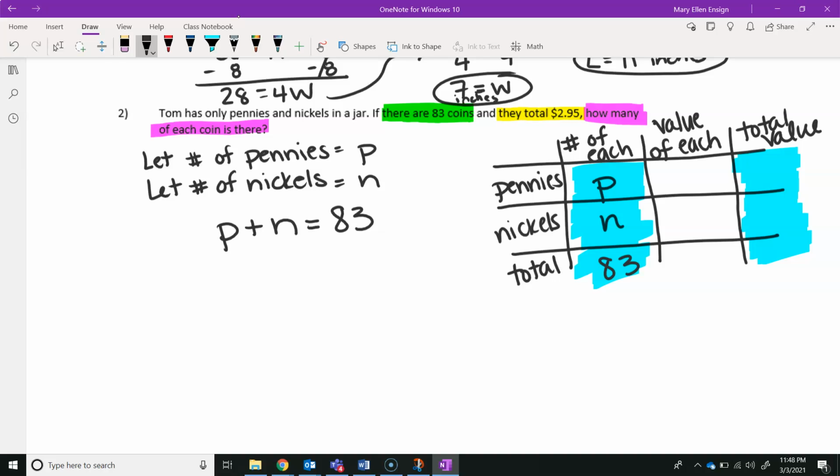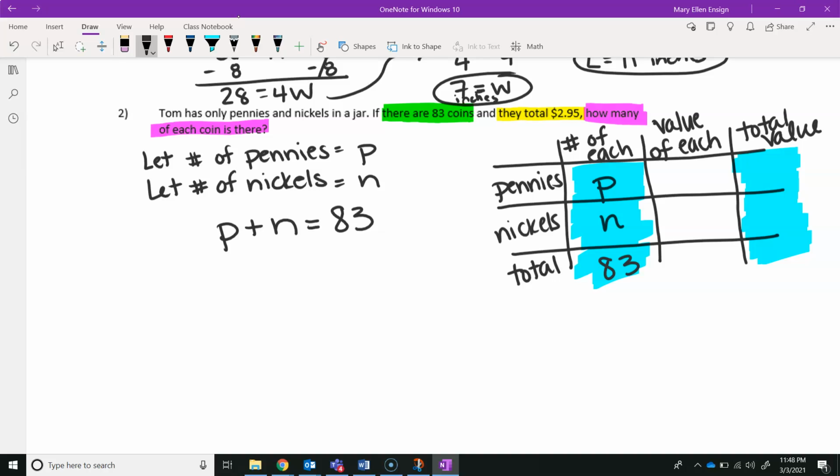Okay, now let's look at the chart for a minute. Let's look at the value of each column. So value of a penny. Well, now we're talking about moving toward this yellow part where it says they total $2.95. So we need to know how much each one is worth. Well, a penny is worth 1 cent, okay?